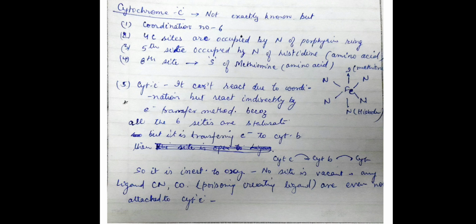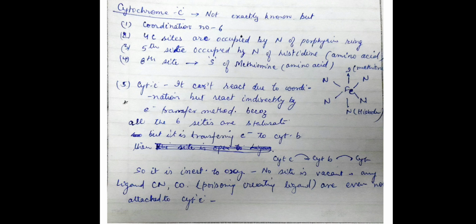So it has coordination number 6. Four sites are occupied by nitrogen of porphyrin rings. The fifth site is occupied by the nitrogen of histidine, which is an amino acid. You see that the 5 nitrogens are not the same: 4 are from the porphyrin ring and 1 is from histidine.